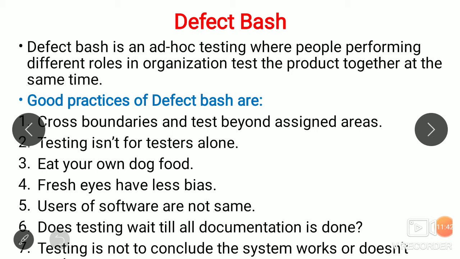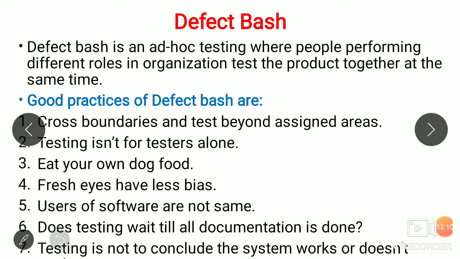Here we need to test valid as well as invalid data. Next, the second one is not for testers alone. We need to bring the people performing different roles together in the organization for testing. We need to bring the developers, designers, all the people of the organization to testing.